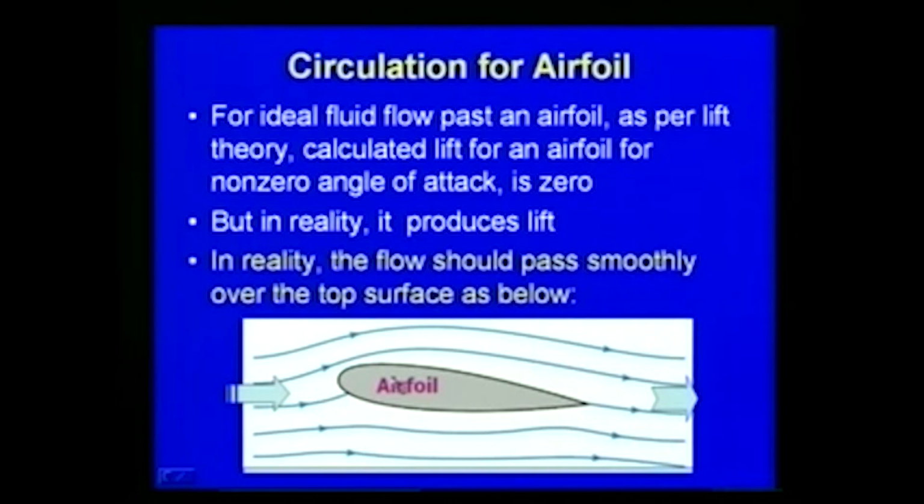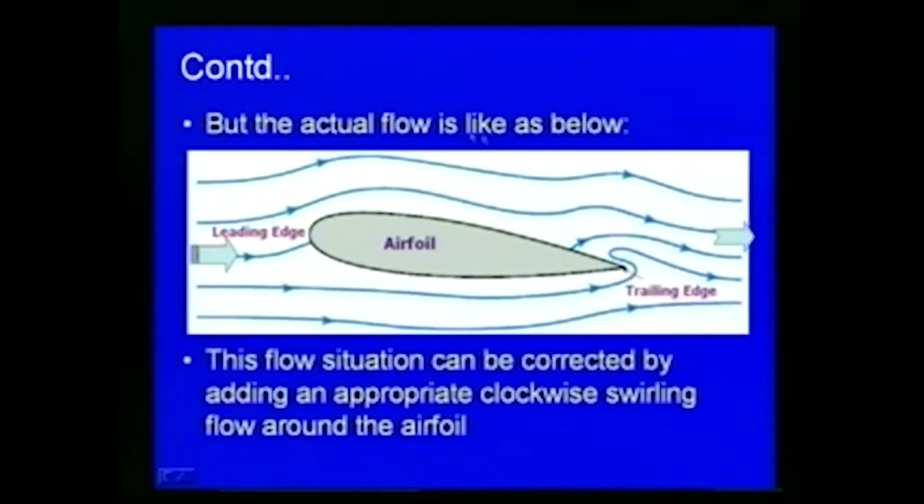You can see that the airfoil is placed here, and even at an angle of attack there should be smooth flow over the top surface. But when we keep it at a non-zero angle of attack, the actual flow is like this. If this is the leading edge and the airfoil is placed at an angle of attack, here the streamlines are plotted.